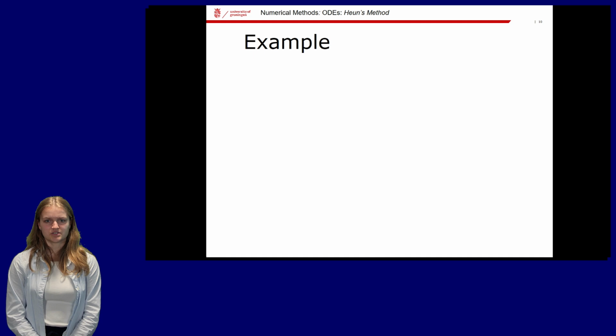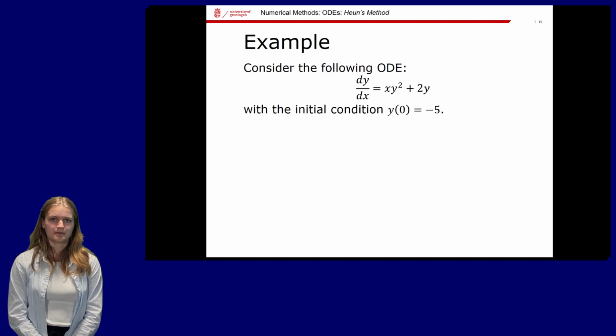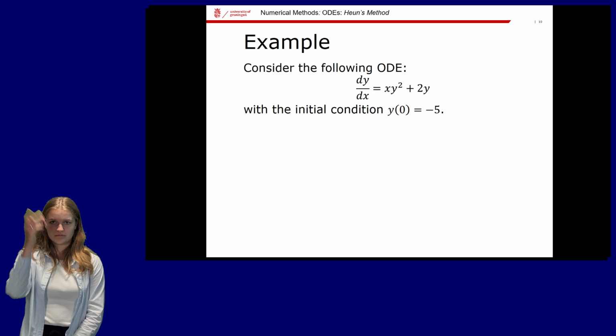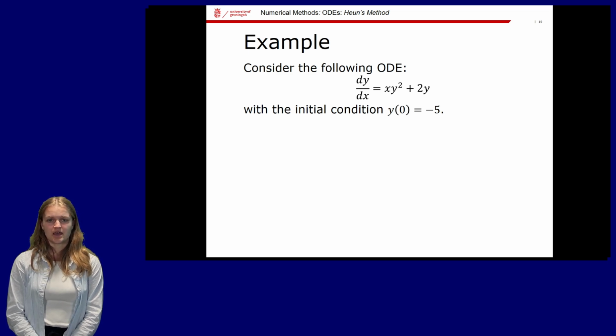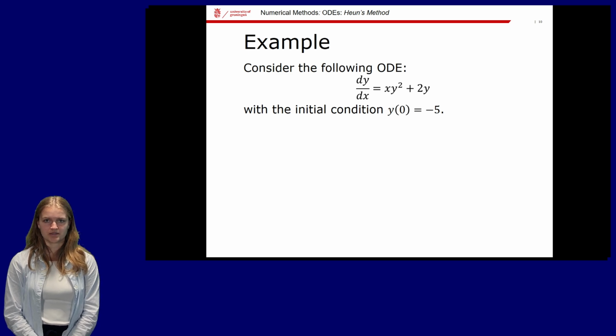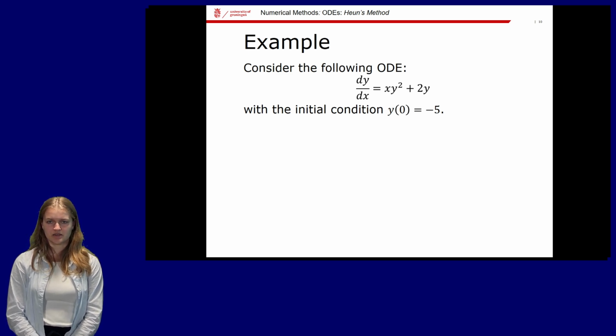So now let us discuss an example. So consider the following ordinary differential equation, namely this function, and it's an initial value problem, so we are given the value of y at x is 0, and it's going to be equal to -5.